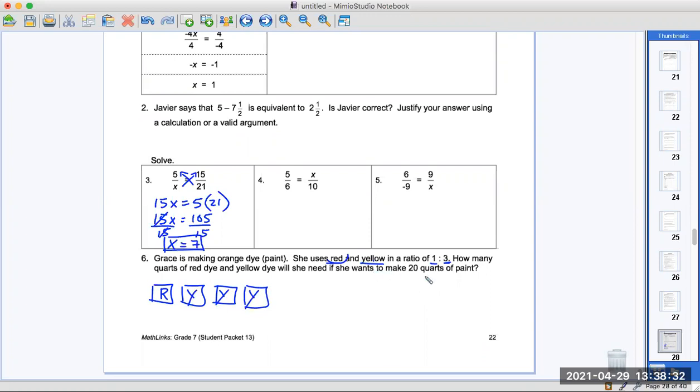And now how much of these does she need to make 20? Each one is 1 quart. 1 quart, 1 quart, 1 quart. So there's already 4 quarts. So how much red dye and yellow dye will she need if she wants to make 20 quarts? She's already got 4 here, right? So figure that out with chunking, it's easy.